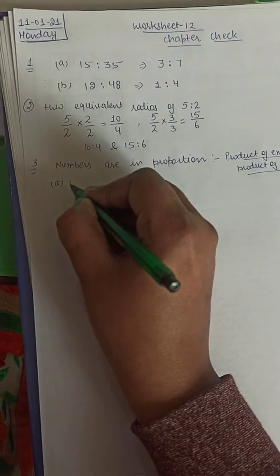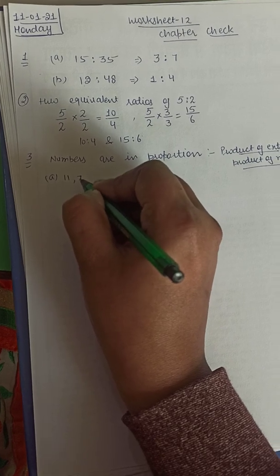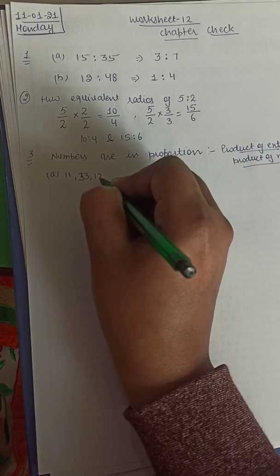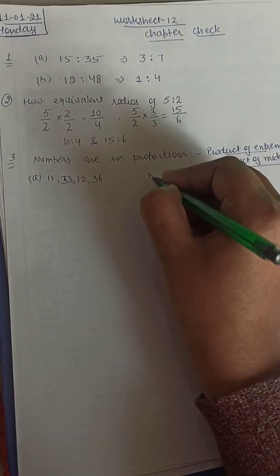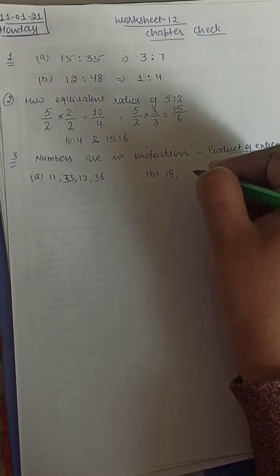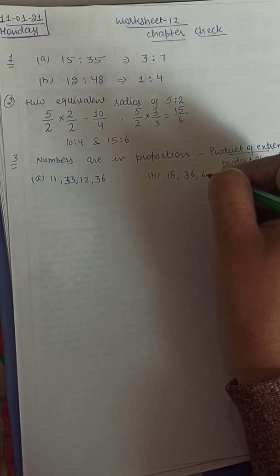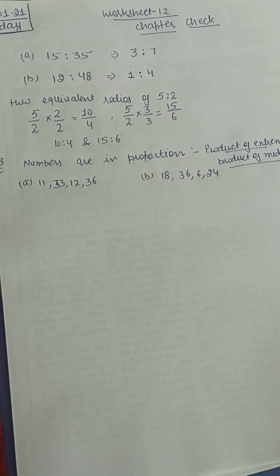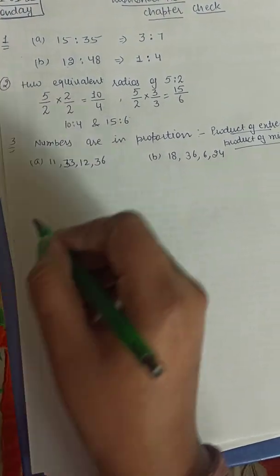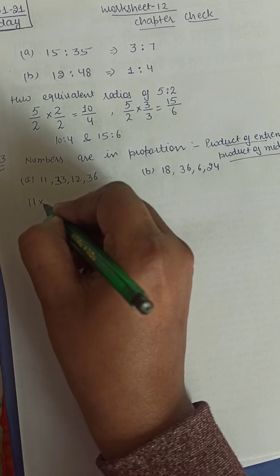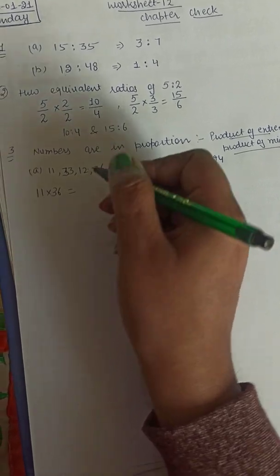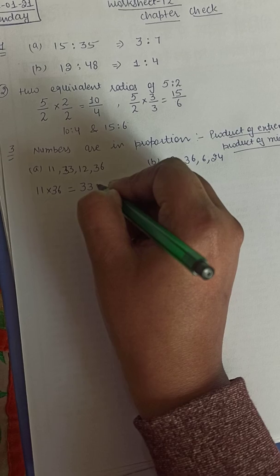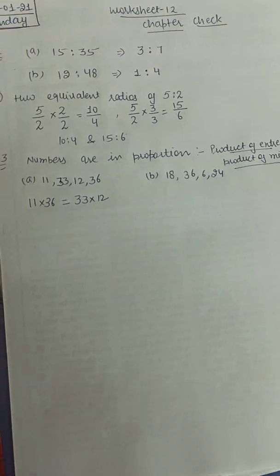So the numbers are A: 11, 33, 12 and 36, and B is 18, 36, 6 and 24. So what are the extreme terms? Extreme are first and fourth term and middle is second and third. So 11 multiply 36, is it equal to 33 multiply 12?